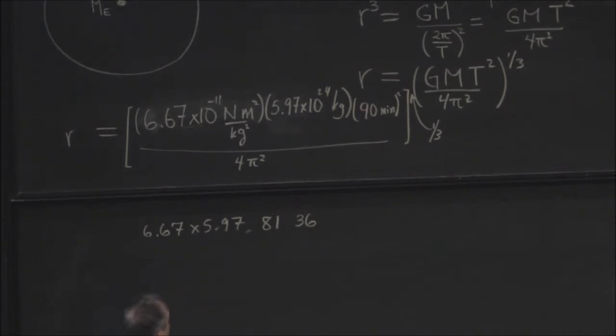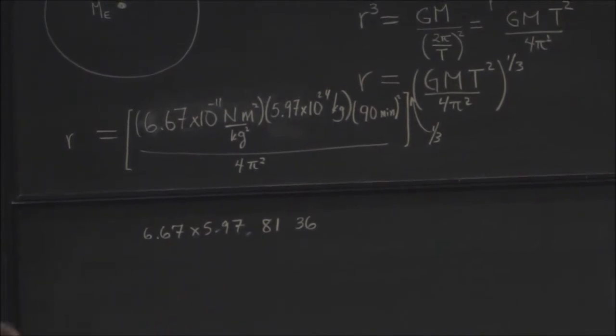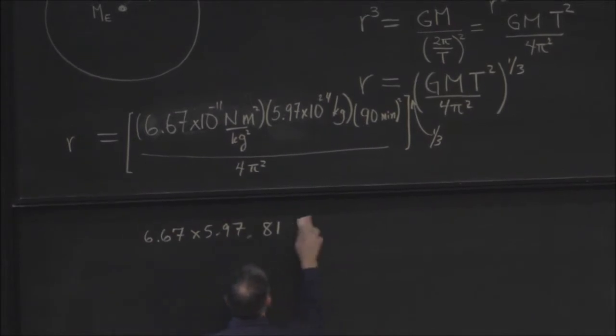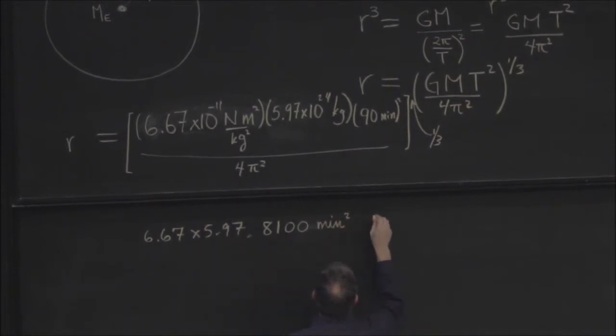And now let me pick up my powers of 10. Is this too complicated? Fine, all right. So 8,100 minutes squared. And then I have to multiply by 3,600 seconds squared per minute squared. Do you agree with that? There's 60 seconds in a minute. You're nervous, you're less nervous, okay? That's good.